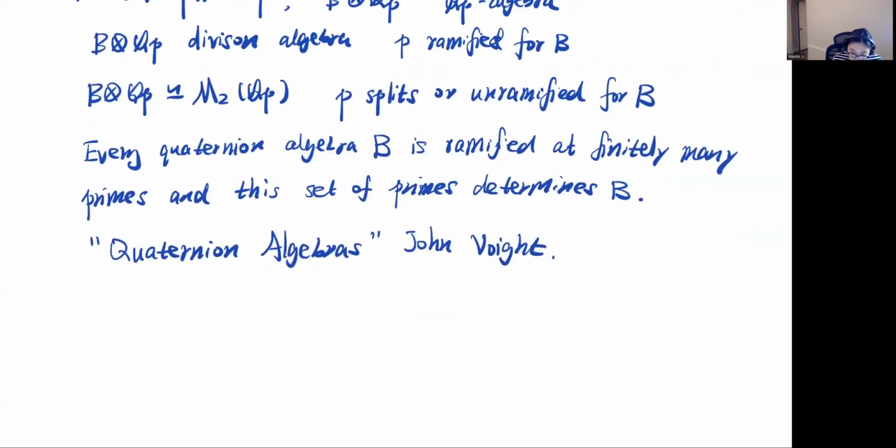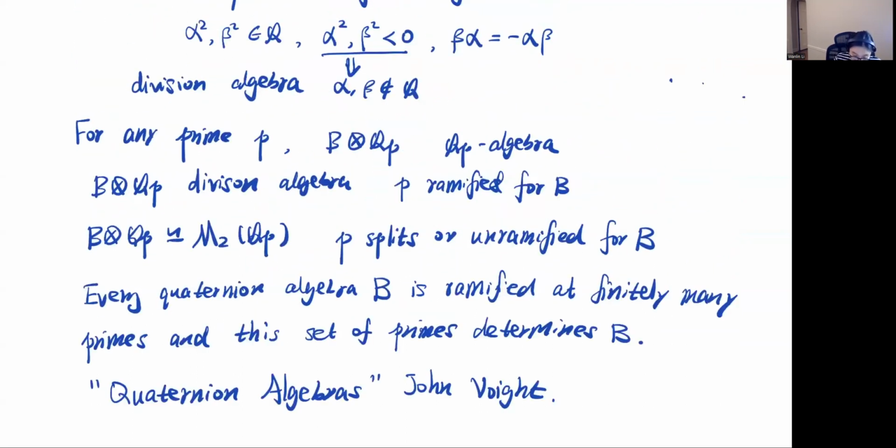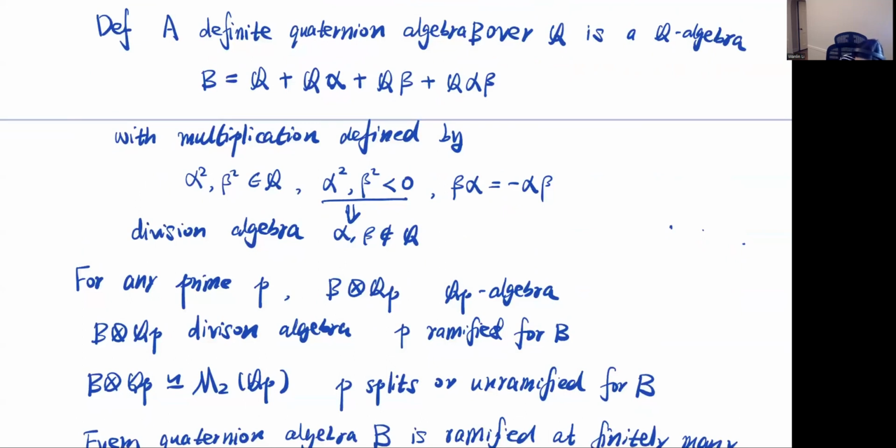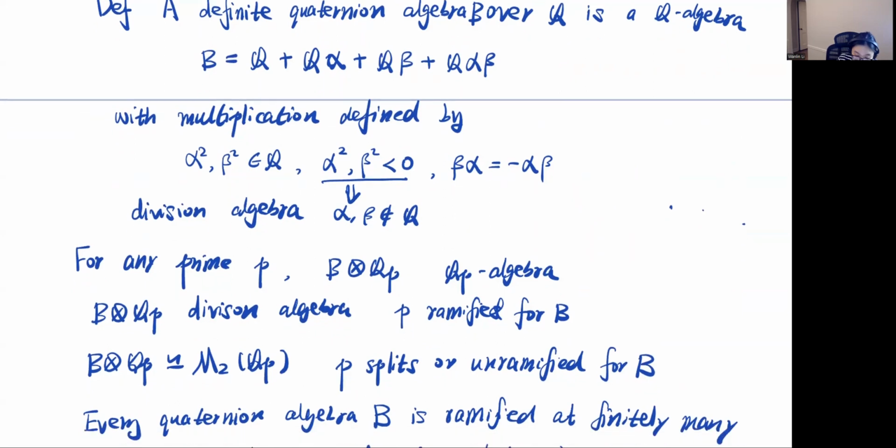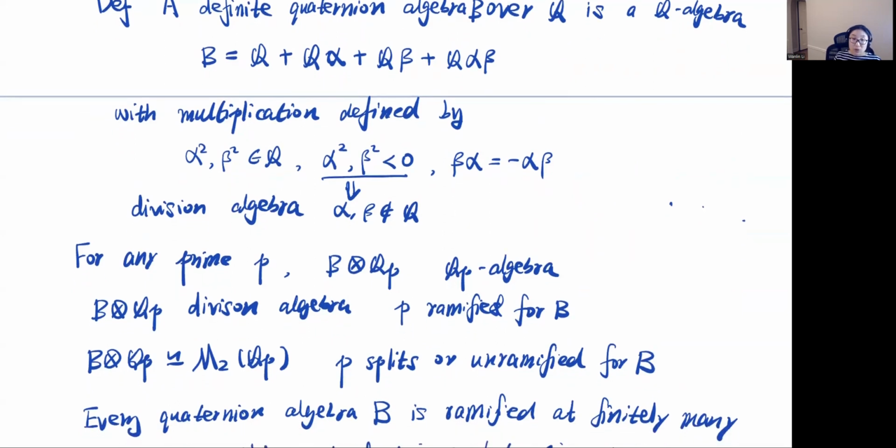Great. So we have defined what a quaternion algebra is, and what happens when we tensor a quaternion algebra over Q with a completion Qp. There are two cases.